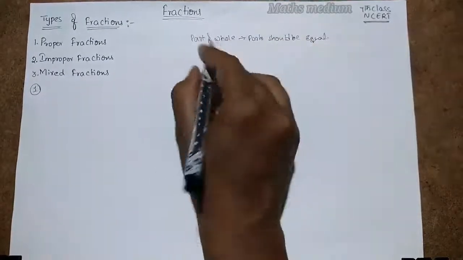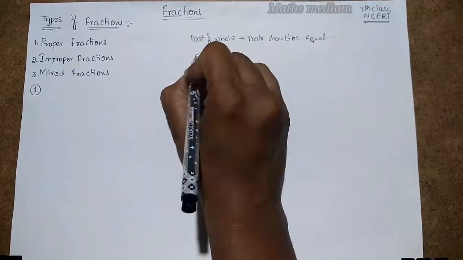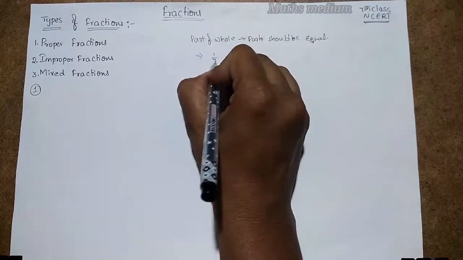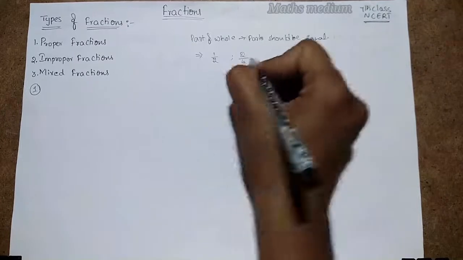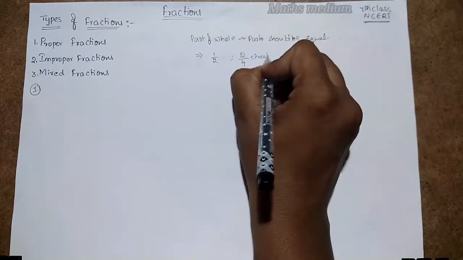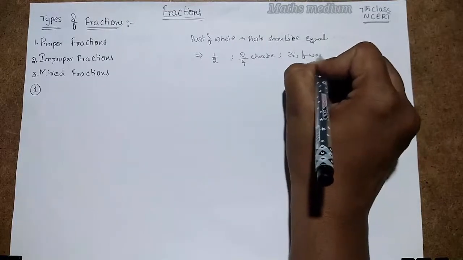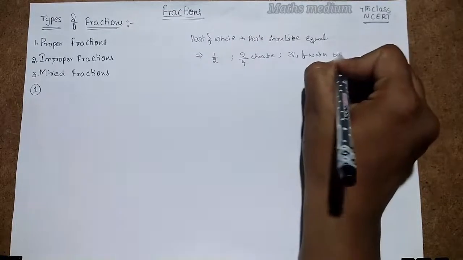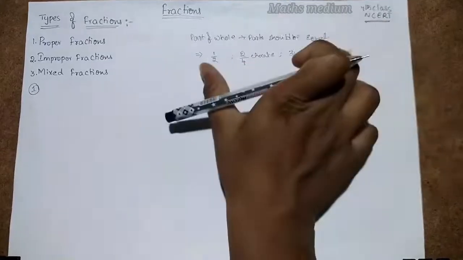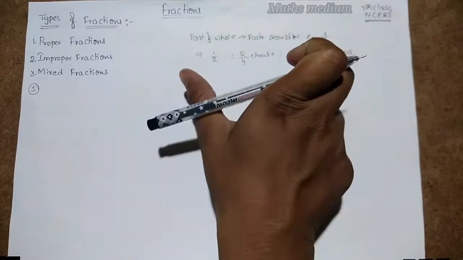So here, part of a whole is nothing but, for example, half a liter of milk, 2/4 of the chocolate, or 3/4 of a water bottle. So these are just examples of fractions.